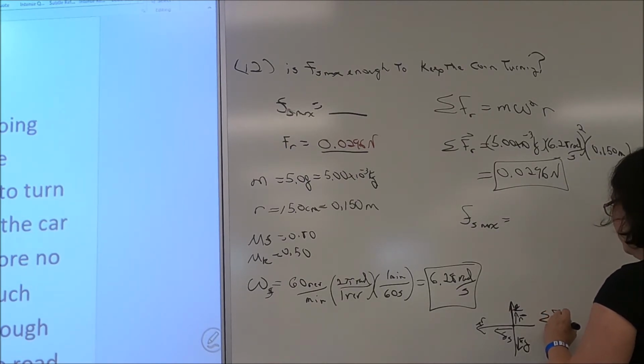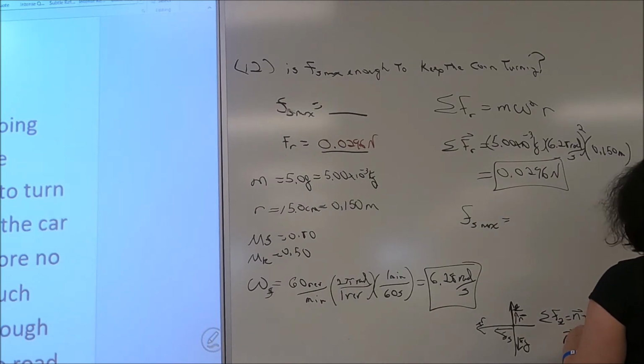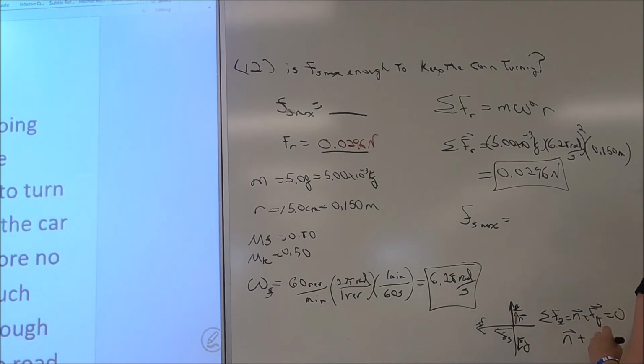So the sum of the forces in the z-axis would be the normal force plus the force due to gravity, and that's going to be 0. So the normal force minus the force due to gravity, which is 0.049 newtons, equals 0. Oh, negative there. The normal force is 0.049 newtons.